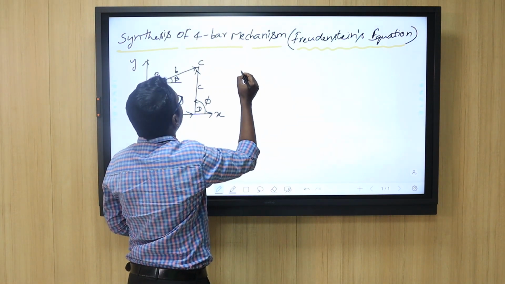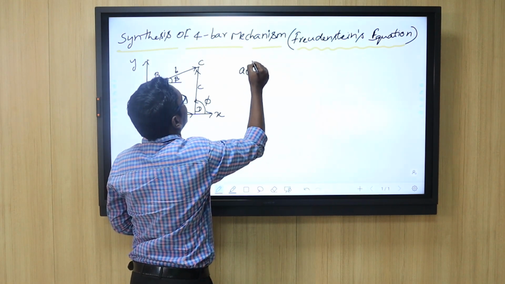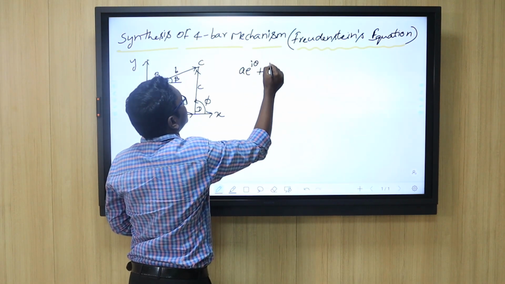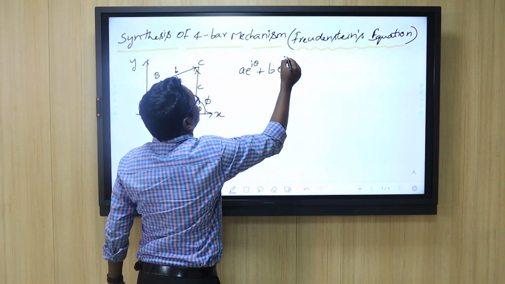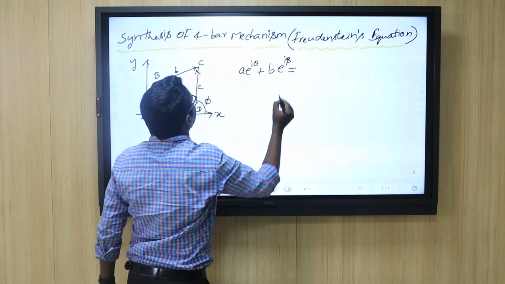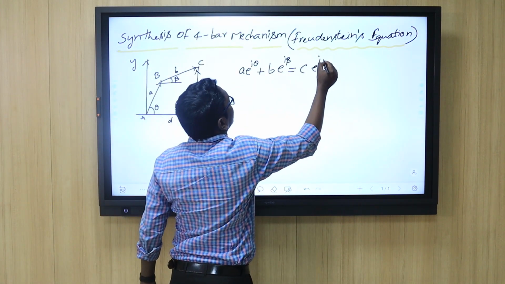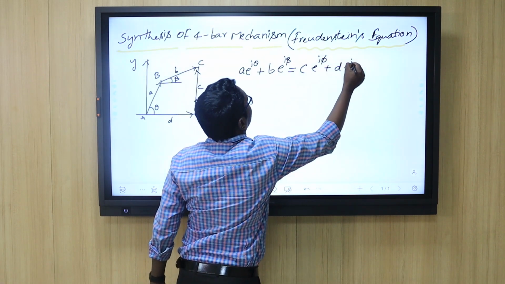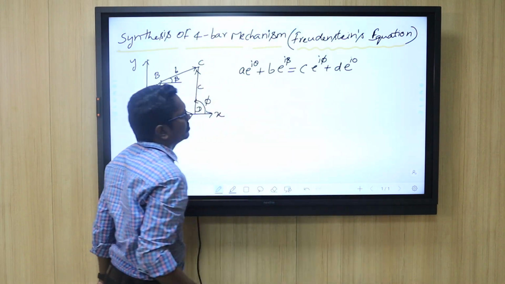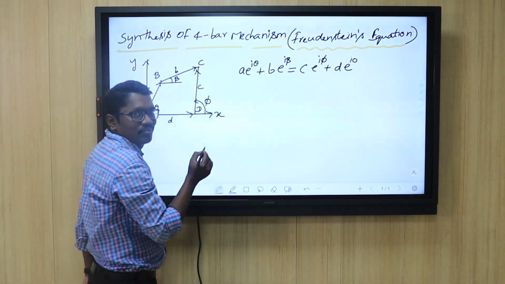Initially, in polar form, we write the equation: a e^(i theta) plus b e^(i beta) is equal to c e^(i phi) plus d e^(i 0). This is in polar form.